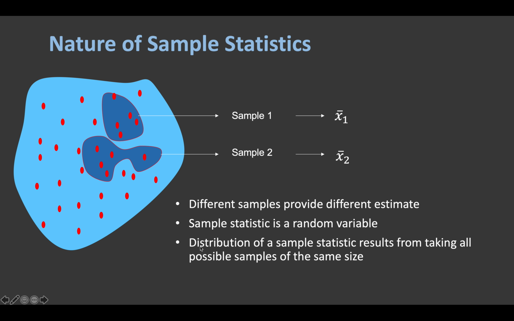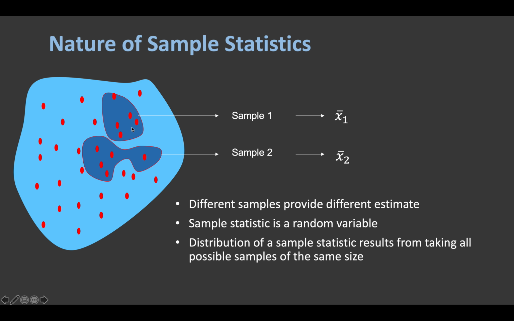So the sampling distribution is the distribution of a sample statistic resulting from taking all possible samples of the same size.